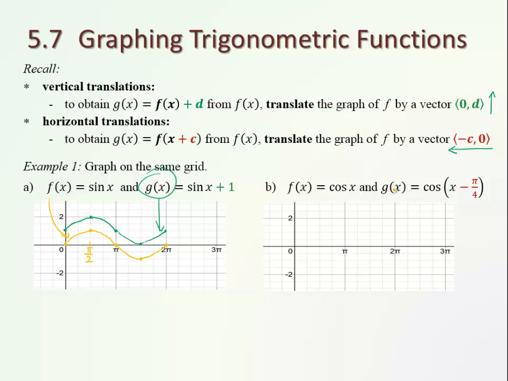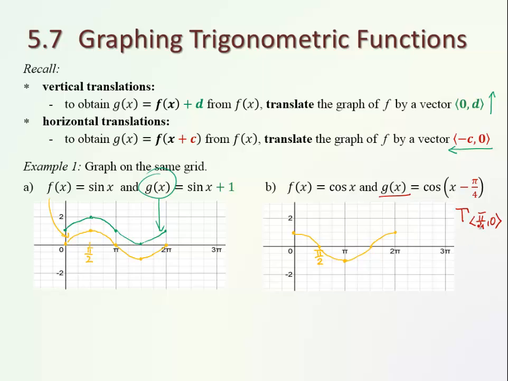Starting with cosine, we're going to graph cosine of x minus pi quarter. Okay, cosine starts from 1, goes towards 0 at pi half, then towards negative 1, 0, and 1 again. That's the full period. Let's join the points. Somehow like this. And then to create the graph of function g, what we need to do is translate the original graph of cosine by the vector (pi quarter, 0).